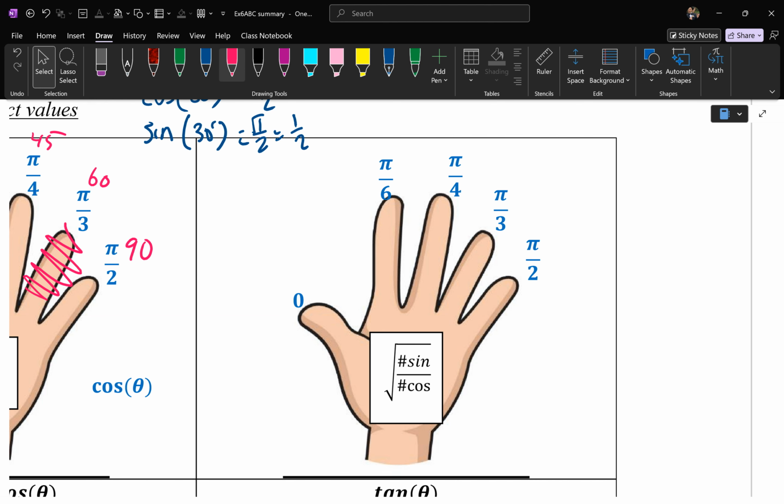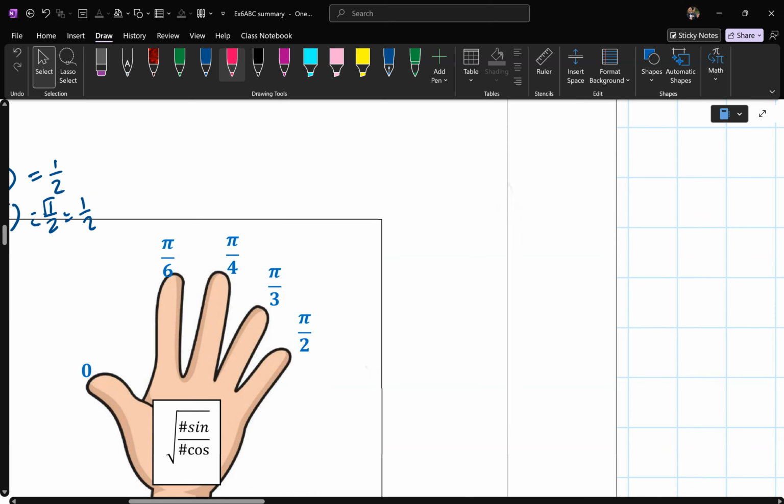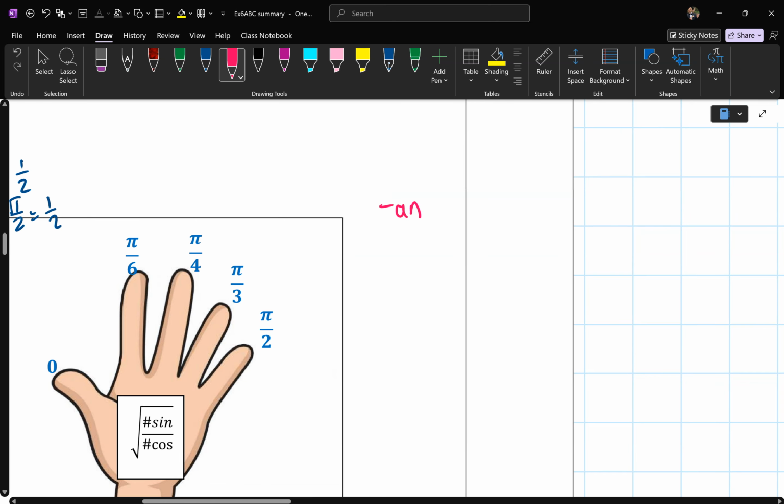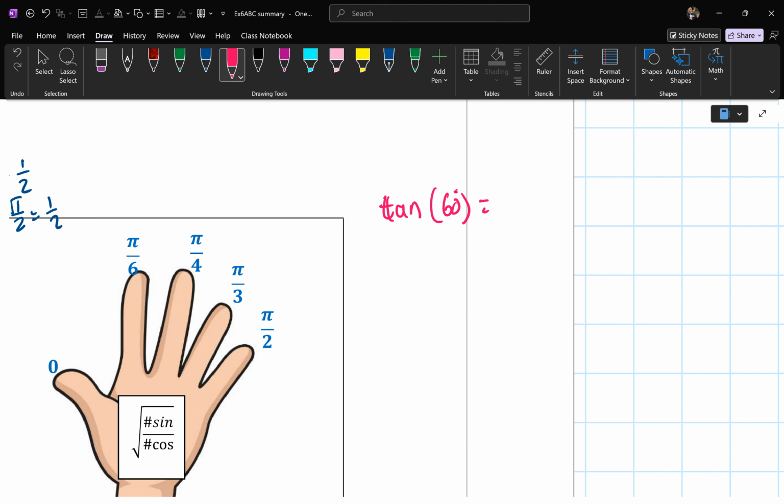Here's an example. If I wanted to do tan of 60 degrees, which one's my 60-degree finger? Ring. So I drop down my ring. Remember, sine is the number of fingers on the left, cos is the number of fingers on the right.